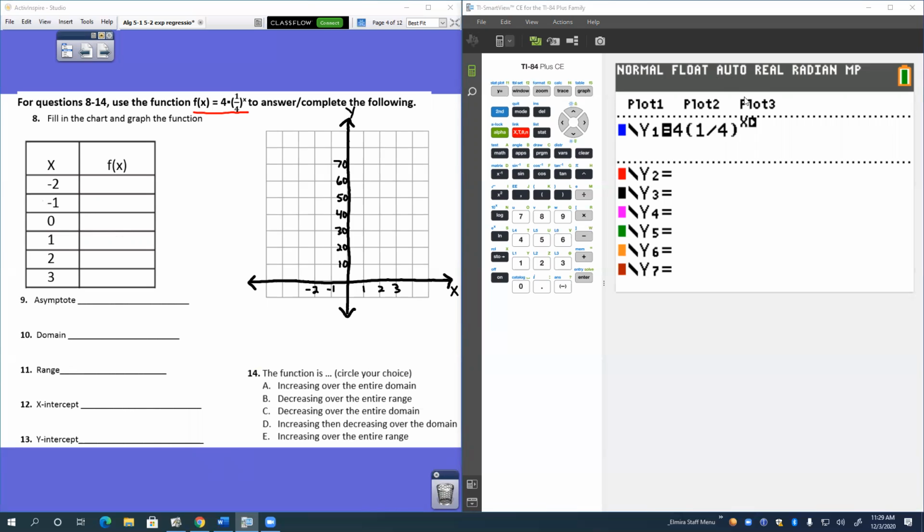Gonna give you about 1 more minute here. Again, the first thing that you should have done was type in that equation, 4 times 1/4 to the x power. You should have typed that into your y equals.